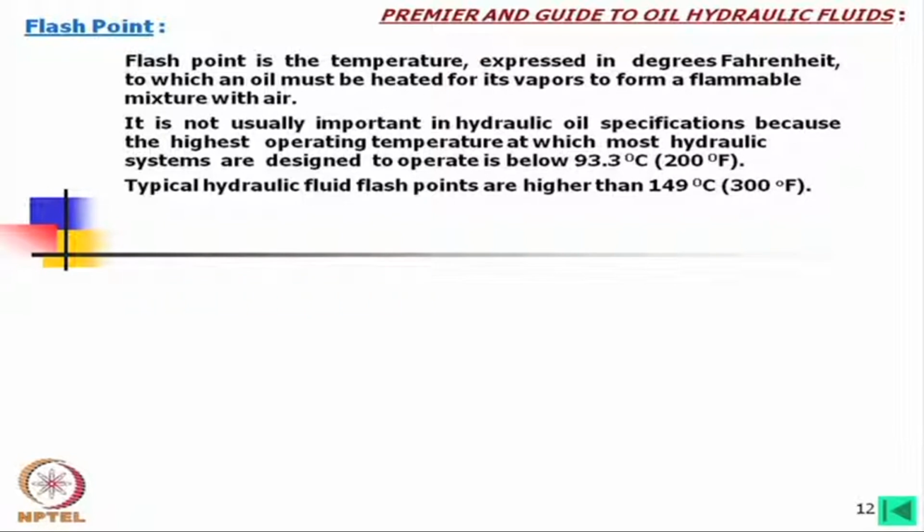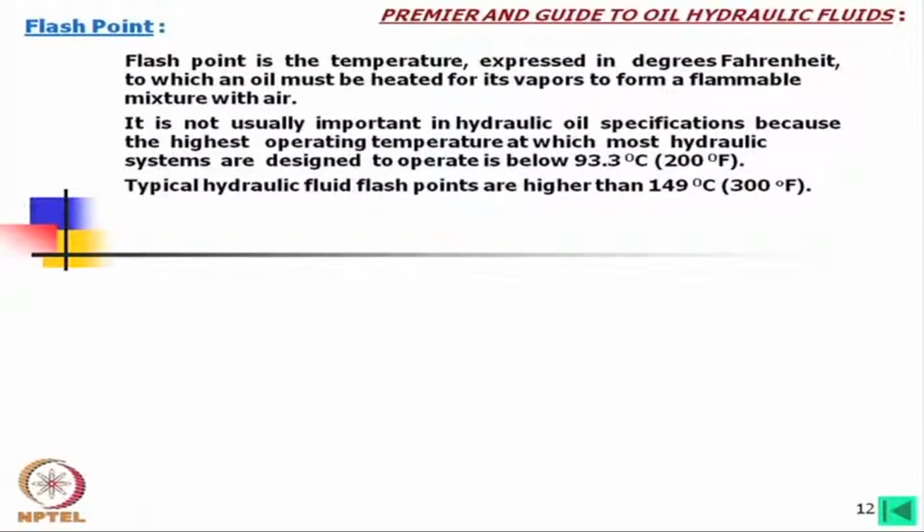Actually, from practical experience, you will usually find that oil temperature may be 65 to 70 degrees centigrade only, where the ambient temperature is around 45 degrees Celsius or so. This means that enough cooling has to be provided to the hydraulic oil.